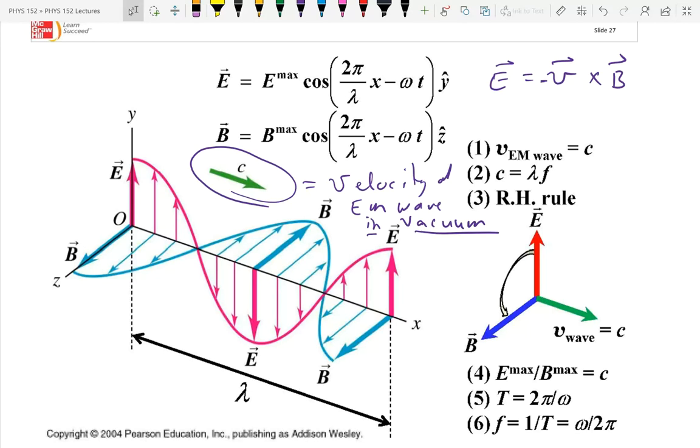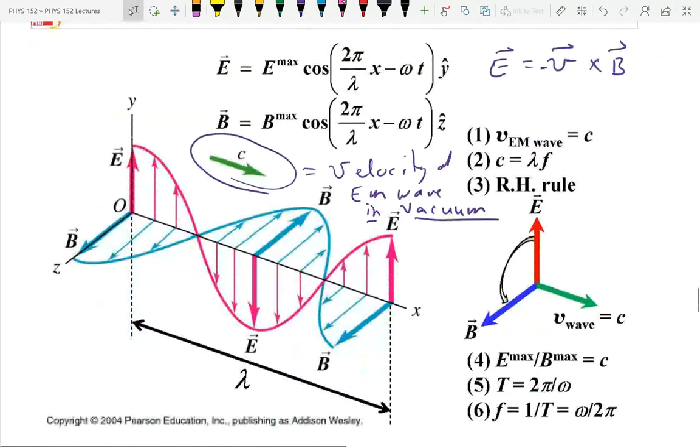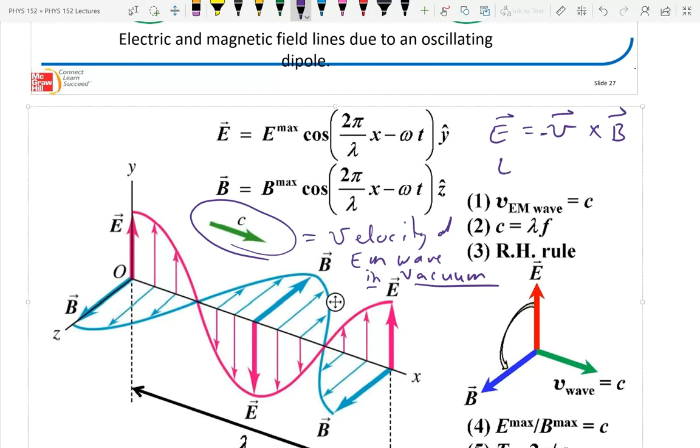Do you have a question, Lauren? Yeah. What's the velocity on the plate? The velocity is the C arrow. Because these are mutually perpendicular, the velocity is perpendicular to the electric field, which is perpendicular to the magnetic field, for the electromagnetic wave. In magnitude, this equation gives us the electric field magnitude equal to the velocity magnitude times the magnetic field magnitude.